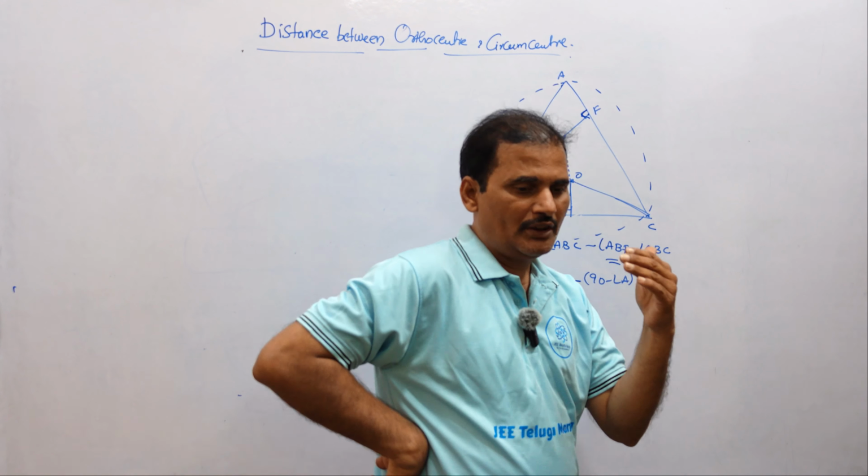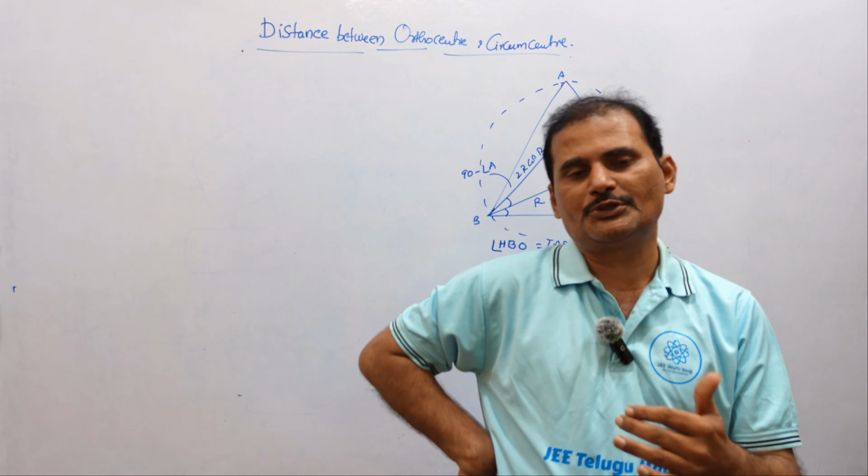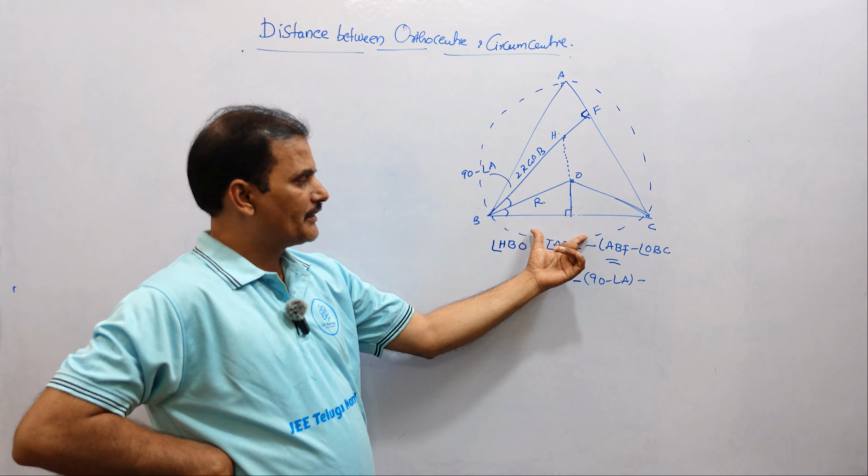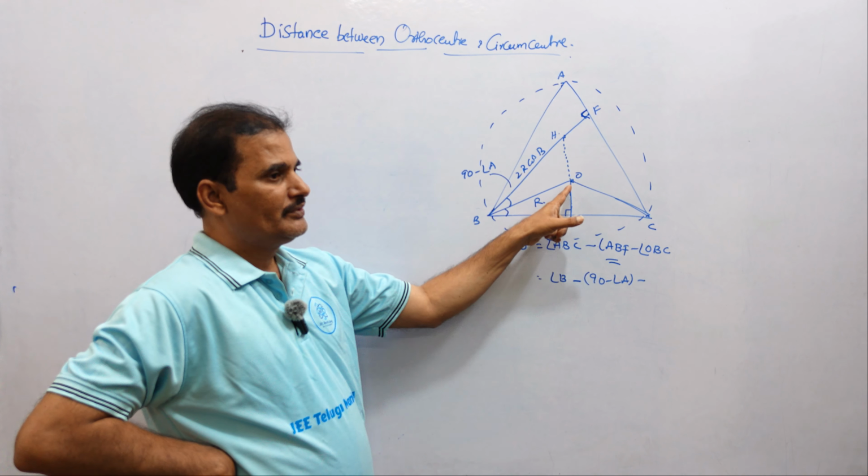We learned this point in the previous 9th and 10th classes. Therefore here angle BOC is equal to 2 into angle A. Therefore this is 2A. This is A and this is A.